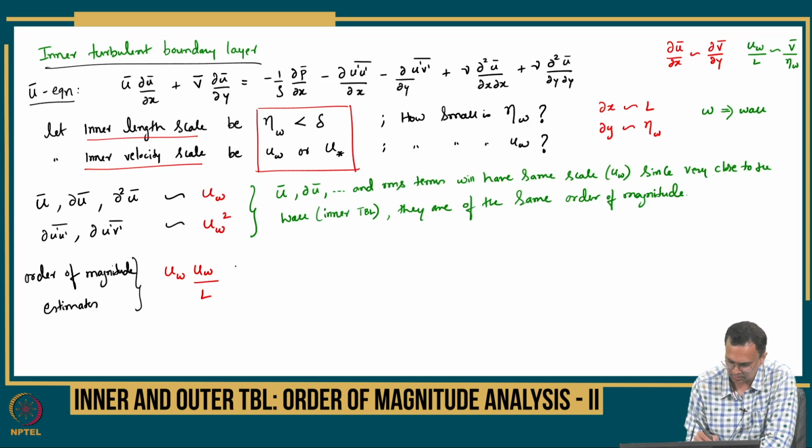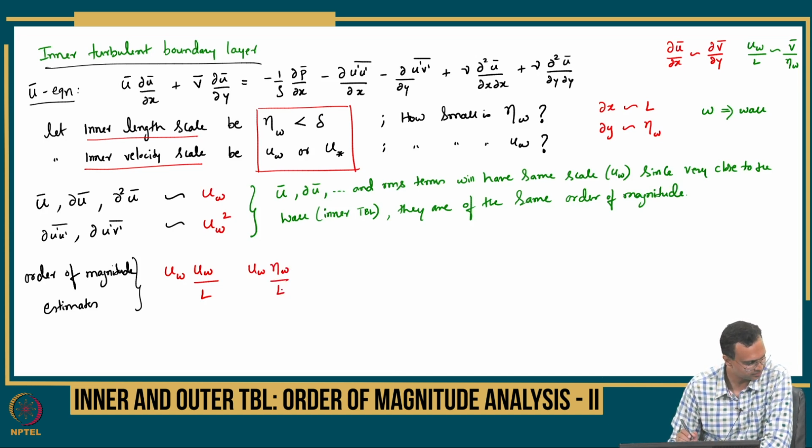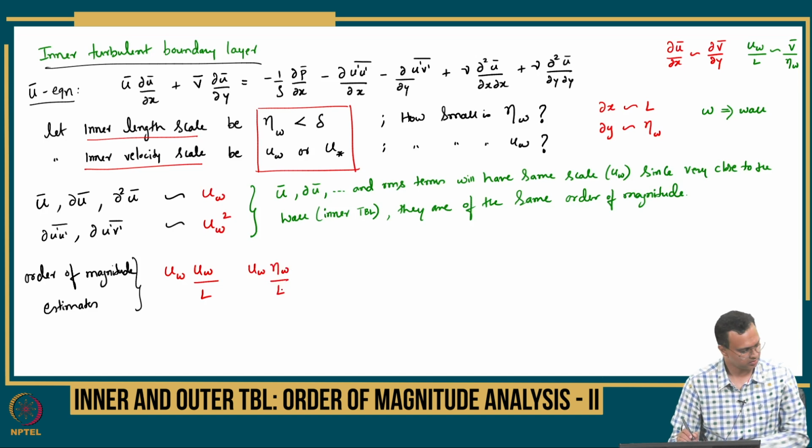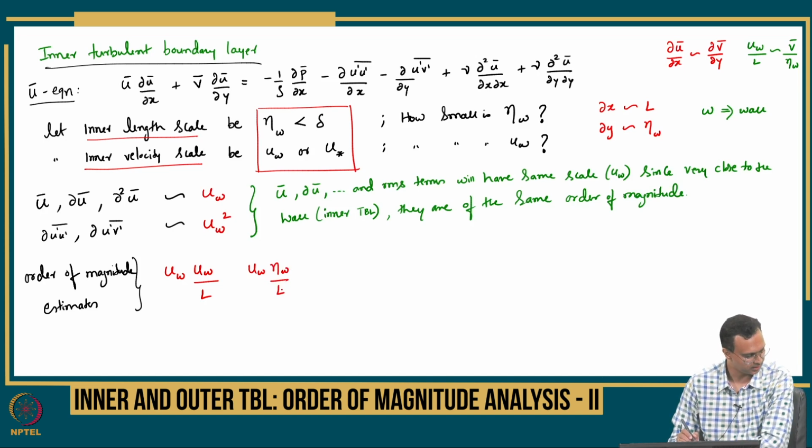So I would get here v̄ will be essentially uw eta w by L. Okay, fine.